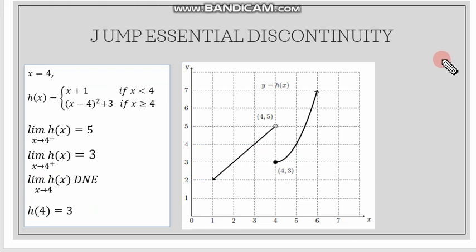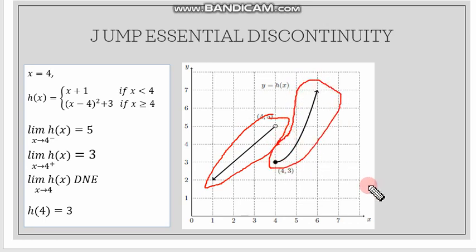So this is the graph of the function that we have solved earlier. We can see that at x is equal to 4, the limit of the function is DNE at that point. And yeah, it's a jump essential discontinuity, and there's no way for us to fix this one.